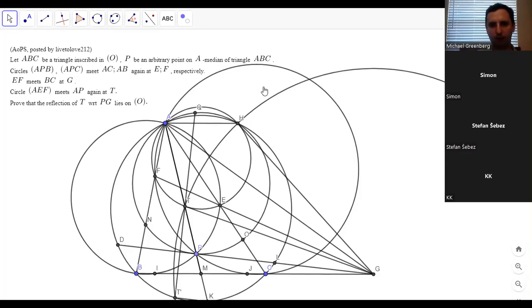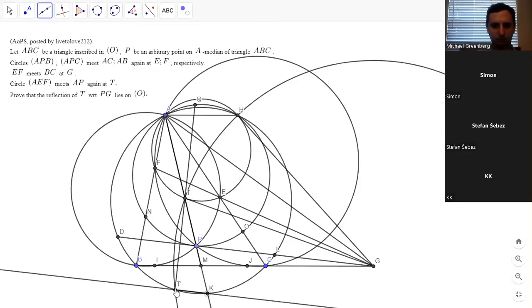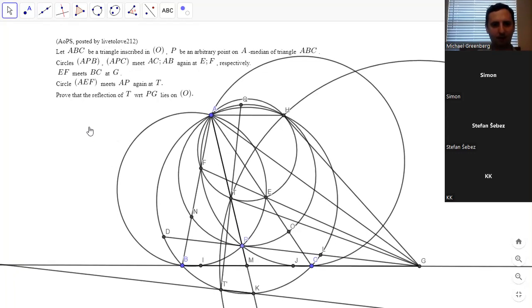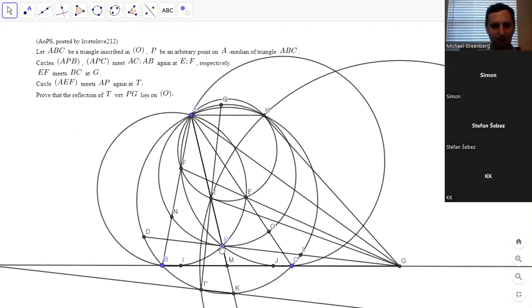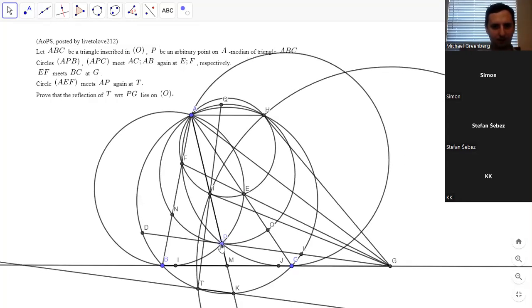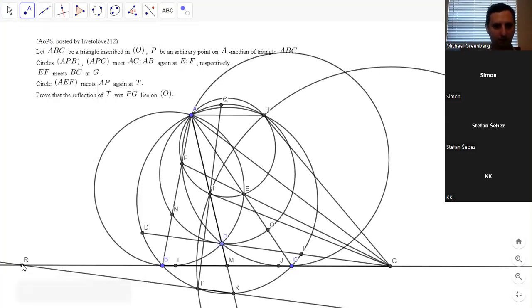T prime K intersect BC. I could try that. That point's far away. I guess I'll move the diagram around just a tiny bit. There we go. So we have this point right here.